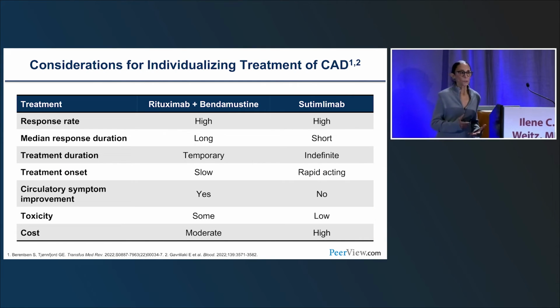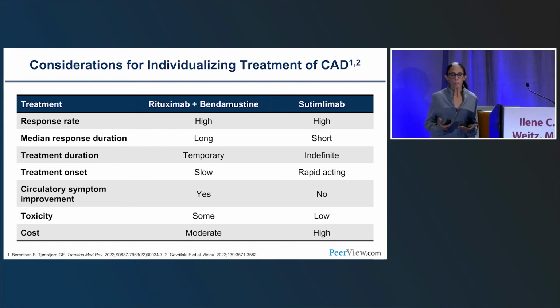If you look at the differences between rituximab and bendamustine versus sutimlimab, the response rate in sutimlimab is extremely high. Okay? It's also high in rituximab bendamustine. The duration of response in Ritux bendamustine is very long, whereas sutimlimab you have to keep giving, it's short.